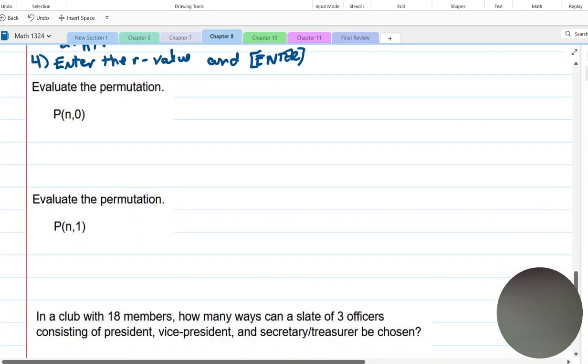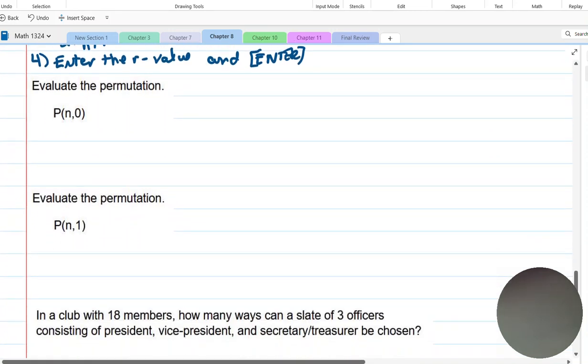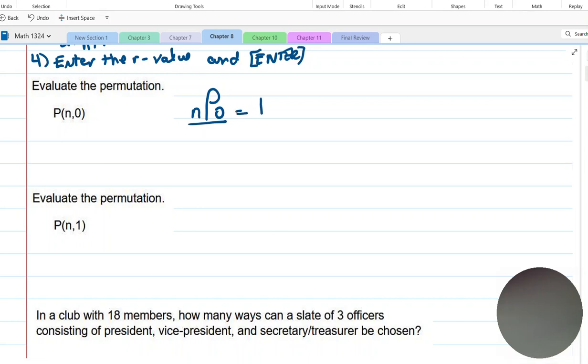Now we're going to do another one without the calculator. And it says, no matter what n value, and we want 0 of it. So this means NP0. Well, anything like that is going to be 1 because we don't want to choose any.